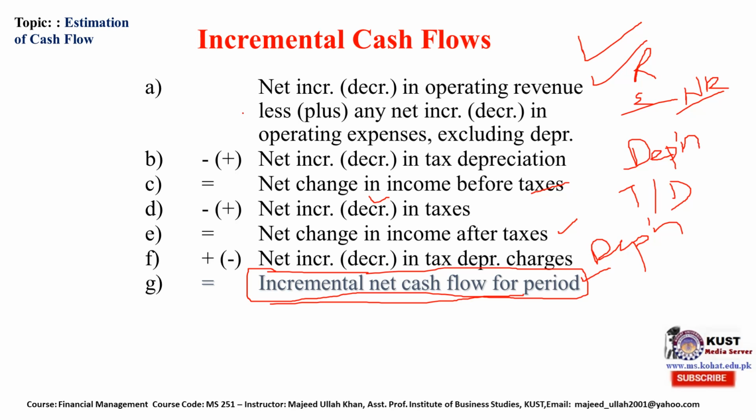Then, if there is an increase in depreciation, deduct depreciation. We will get the net income before taxes. We will calculate taxes on that net income, and we will get the after-tax profit. Then we will add back depreciation to this after-tax profit. We will get the incremental net cash flow for the period.